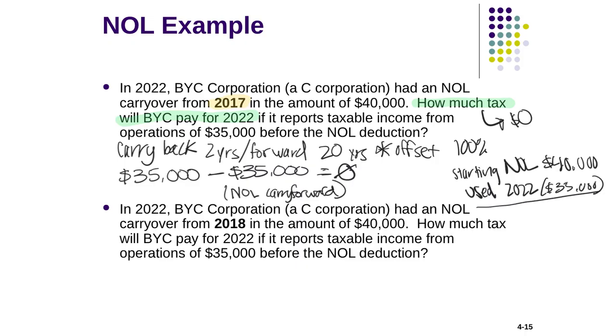So then the remaining that we can use is $5,000 for 2023, potentially. So NOL for 2023.